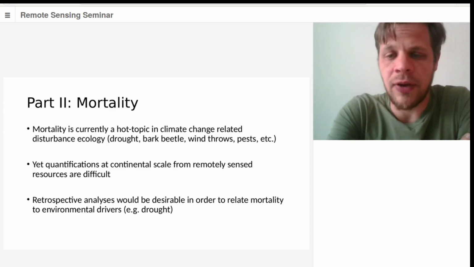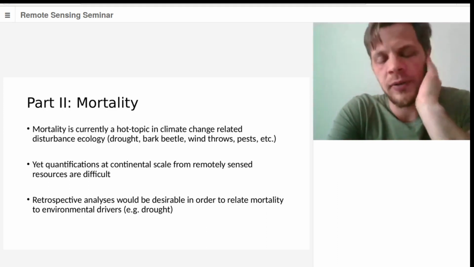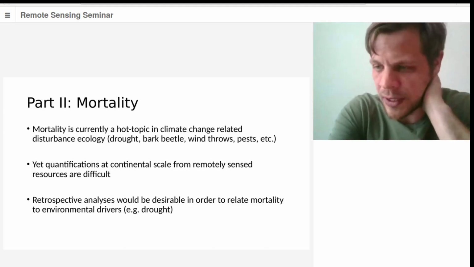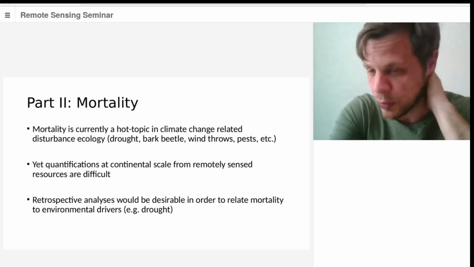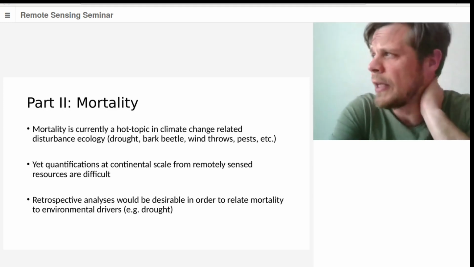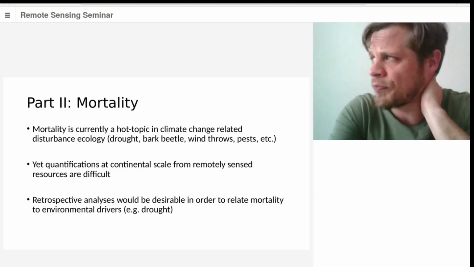Okay, so this is a very sensitive topic, not just in science but also in the public, because forests have multiple functions, not just for forest production or wood production, but also for recreation and so on.